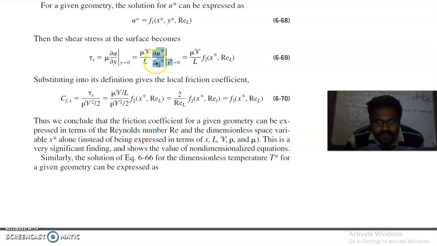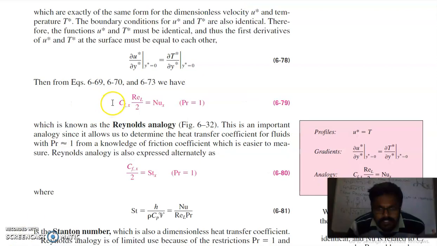Now when you replace this in the equation with the Nusselt number, you will get shear stress in terms of Nusselt number and this value here. Now you can put this value here, and you will get a relation between the local friction coefficient, Nusselt number, and whatever remaining terms will give you the Reynolds number. So you will get this relation here, which is known as the Reynolds analogy.